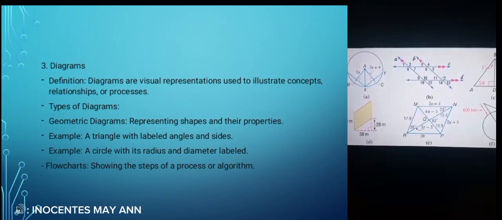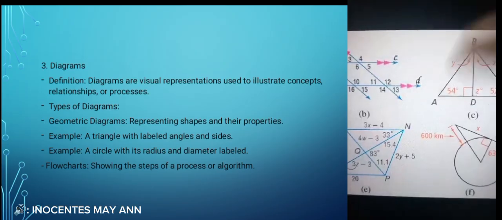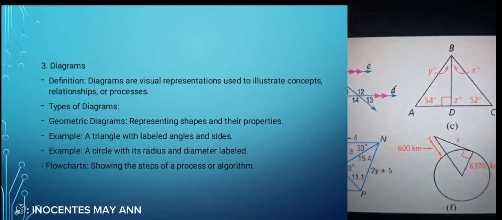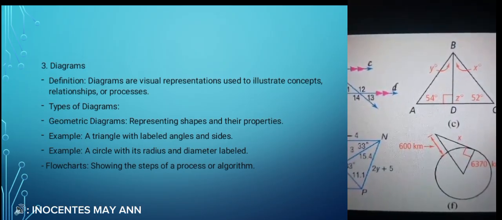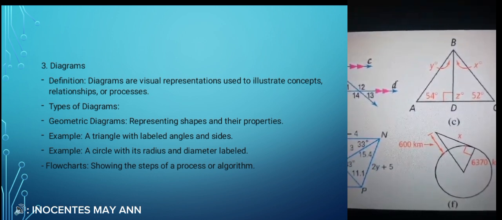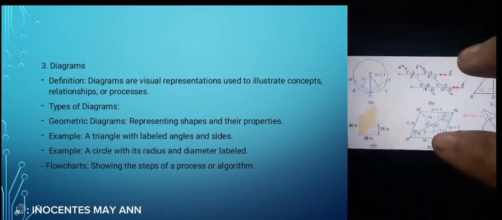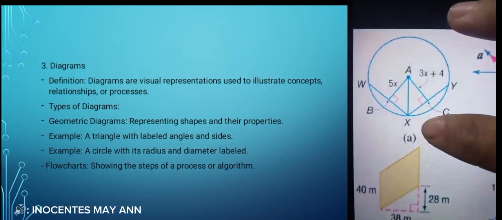Here, an example is this here, with angles and sides. Another example is a circle with its radius and diameter labeled. Like this one.